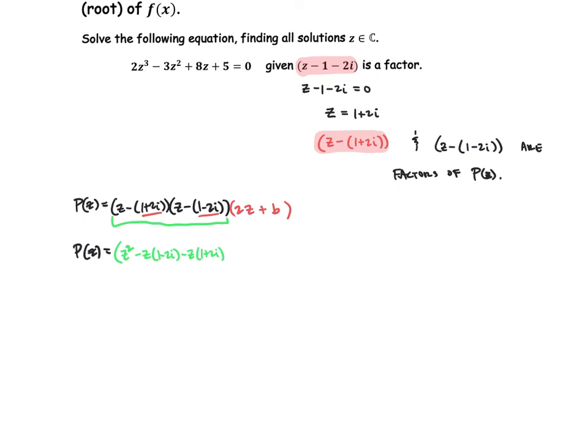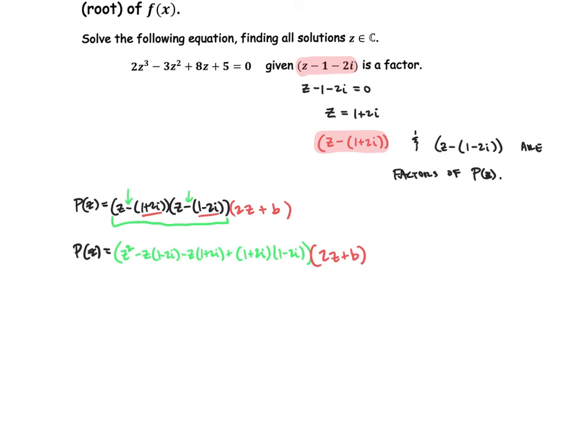And then last, I'm going to multiply negative times a negative, so I'll have plus 1 plus 2i times 1 minus 2i. And then of course my other linear factor, 2z plus b.